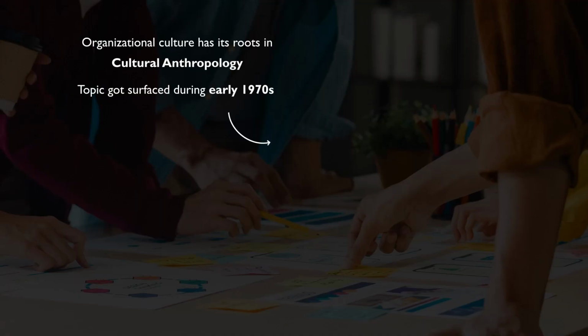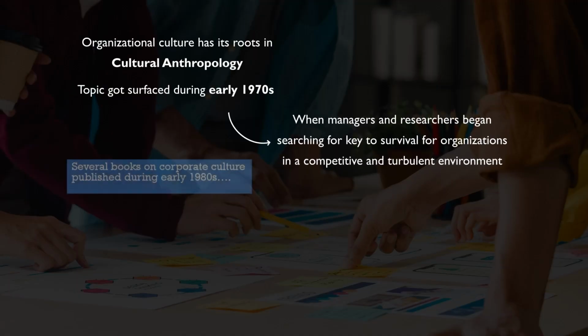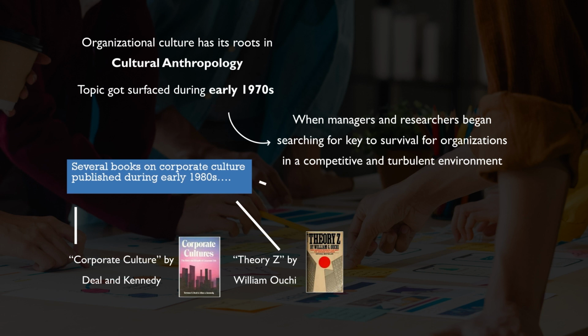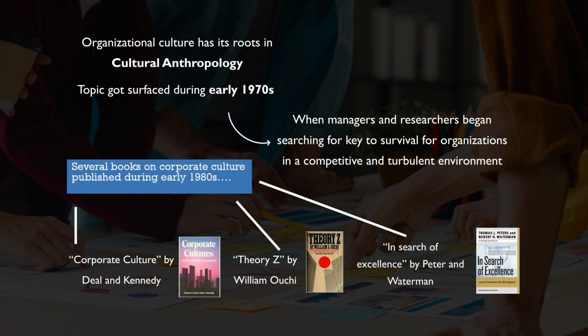The Hawthorne study happened a long time back, close to 100 years ago, but the topic of organizational culture came into its own during the 1970s, when managers and researchers started searching for a key word that can be a part of survival for an organization.